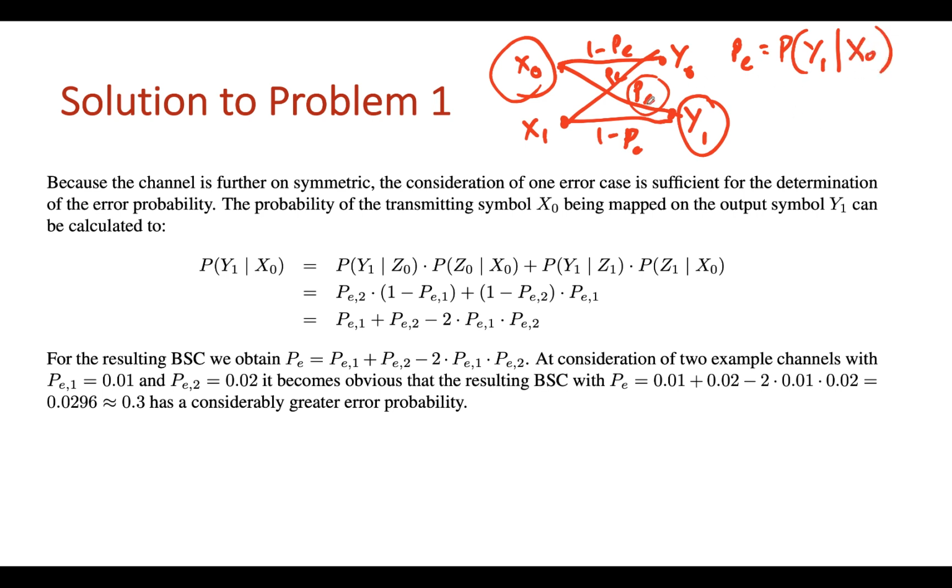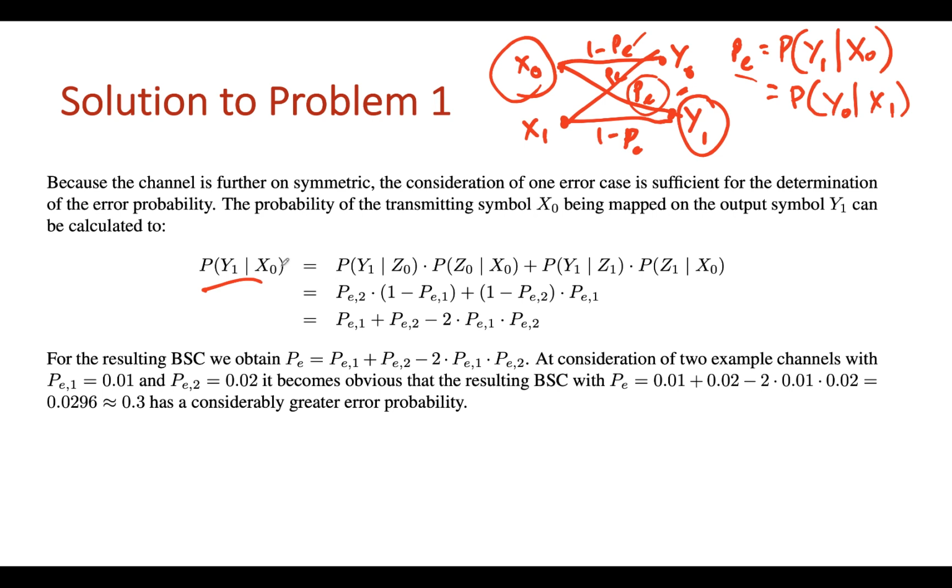If you can calculate this, then by symmetry of this channel, the combined channel is also binary symmetric, this is also equal to the probability of y0 given x1 was transmitted, and the other probabilities are just 1 minus this term p. So if we calculate one, then we know the others.